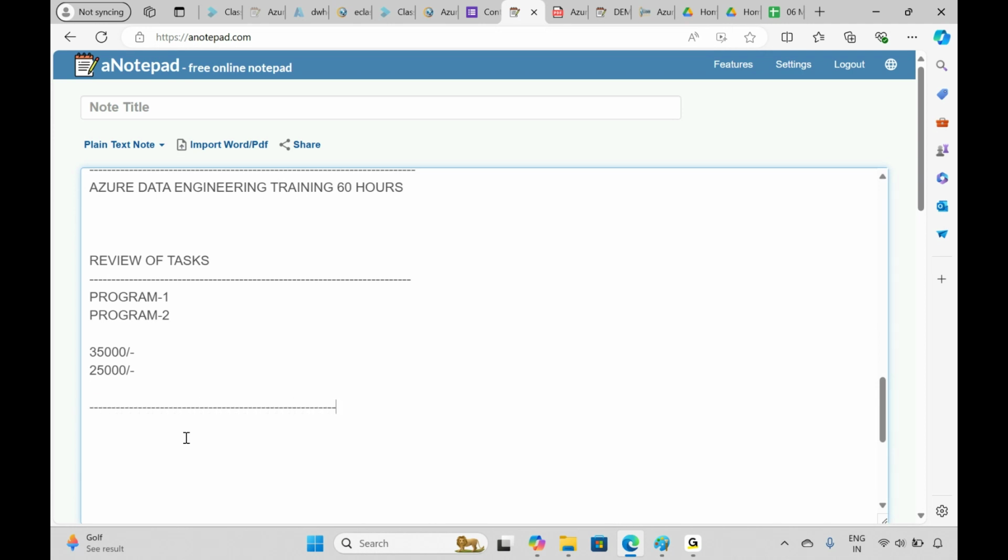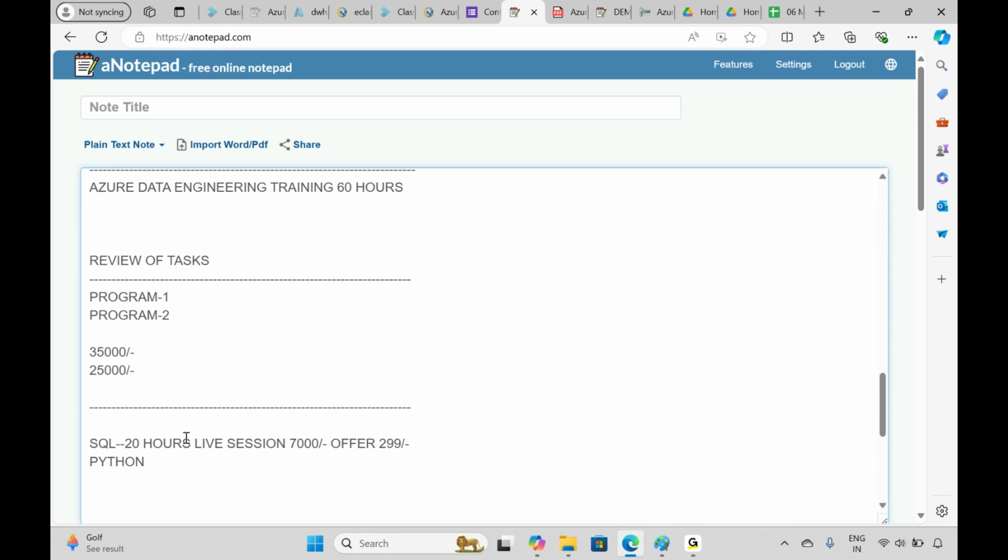Also, we are going to give a benefit for people who want to learn the Azure data engineering course. If they want to brush up their skills on SQL and Python, we are going to offer 20 hours of live sessions. It's like a 7,000 rupees worth course, and we are offering it for only 299 rupees.